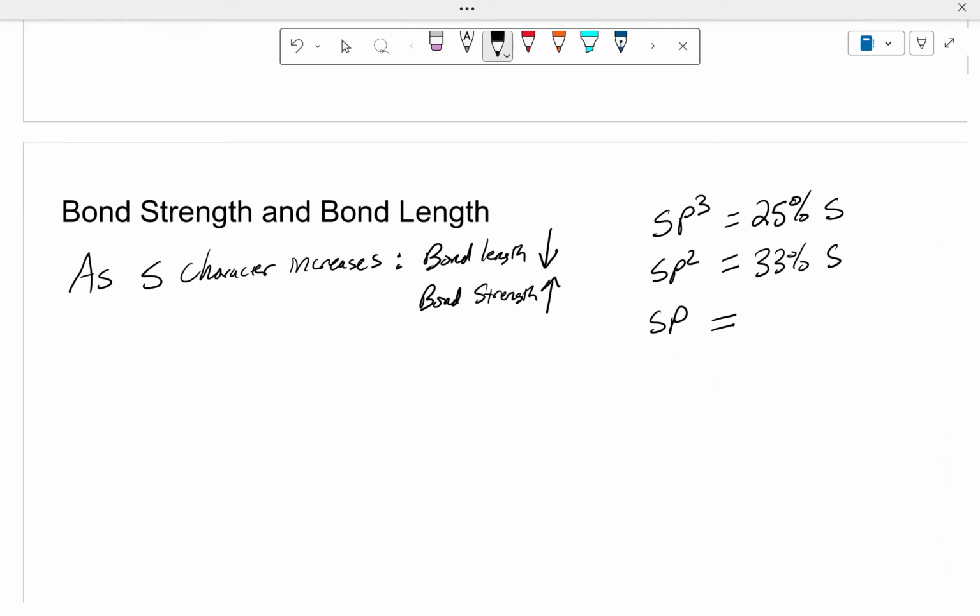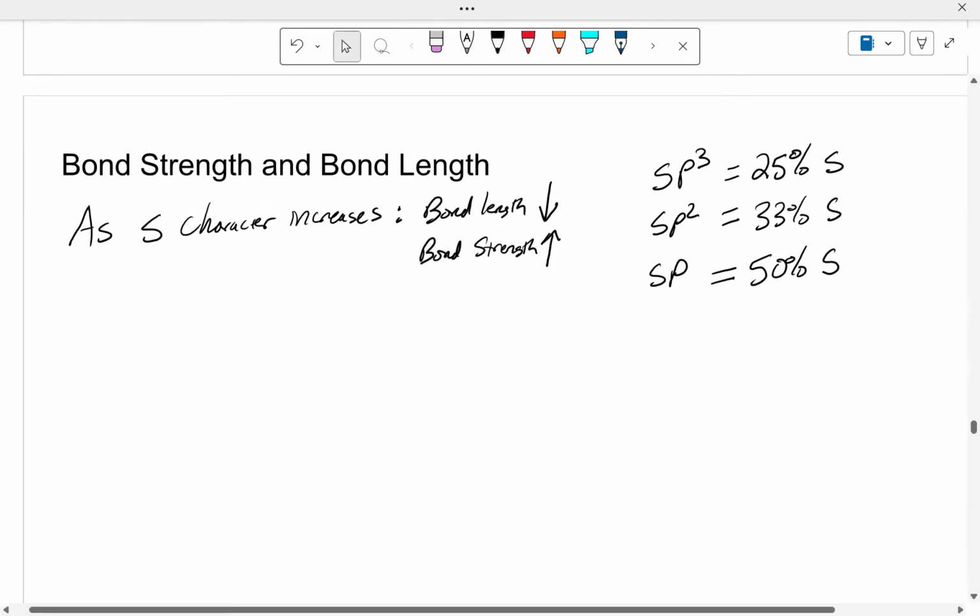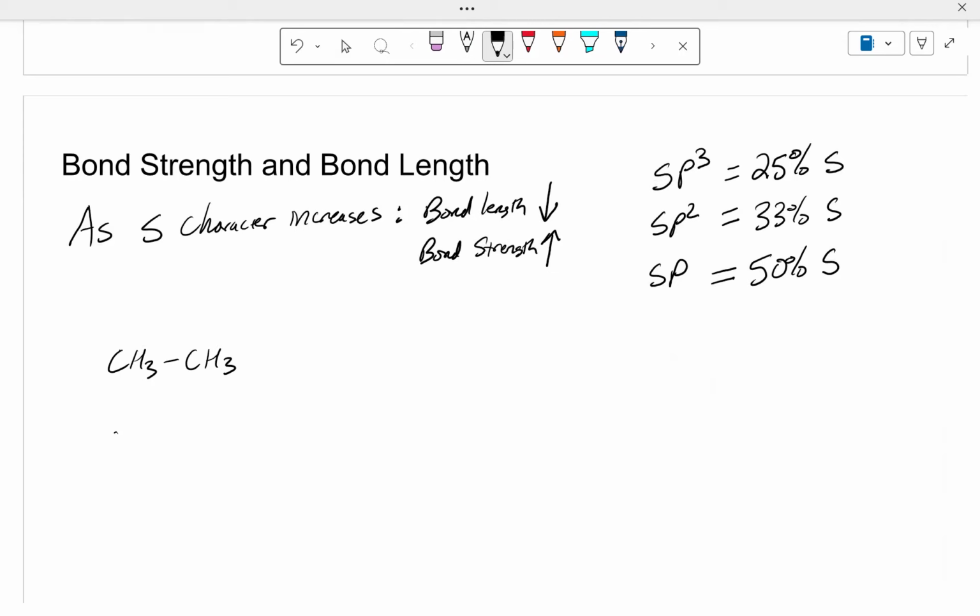And then for sp, 50% of that orbital is S. So when we compare these bonds, we're going to see 2 things happen.